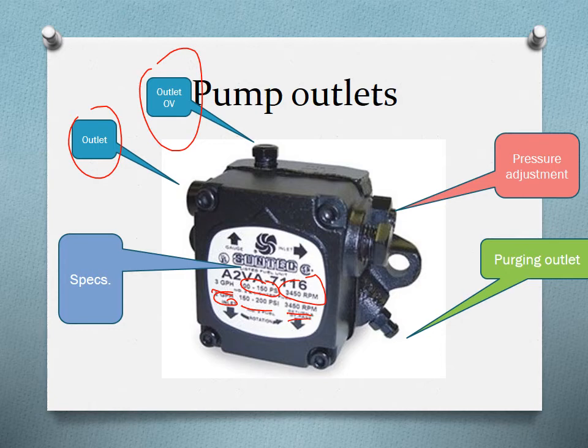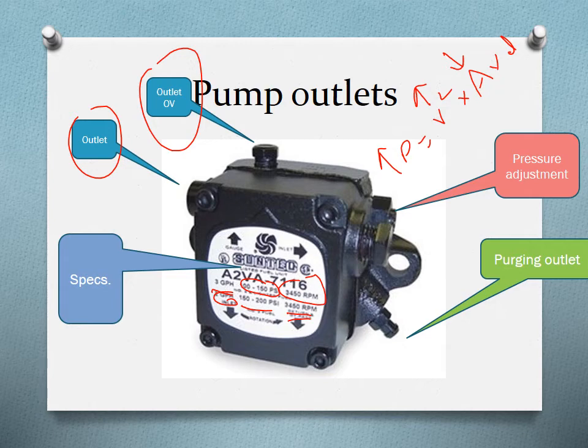Why is that? That's because when we change the pressure, going back to the original equation, we have changed the orifice. So pump pressure equals velocity squared times area times density, and we change the area to give higher pressure. If the area goes down, the velocity will go up, and the pressure also will go up.